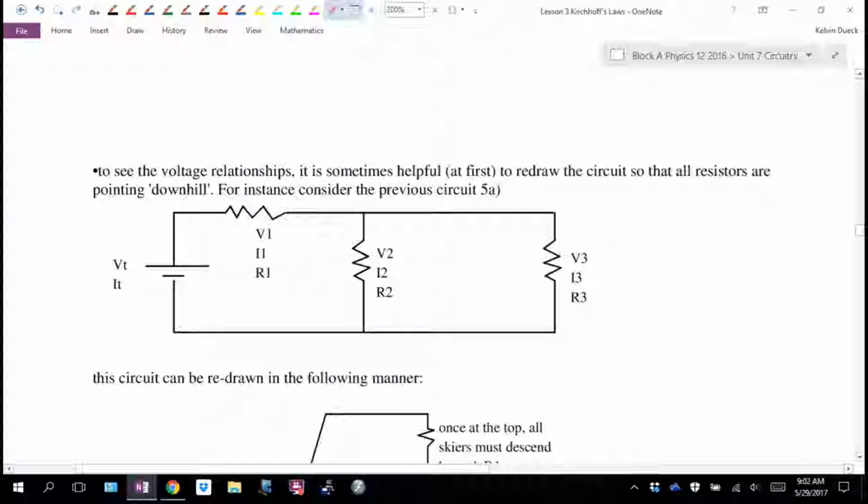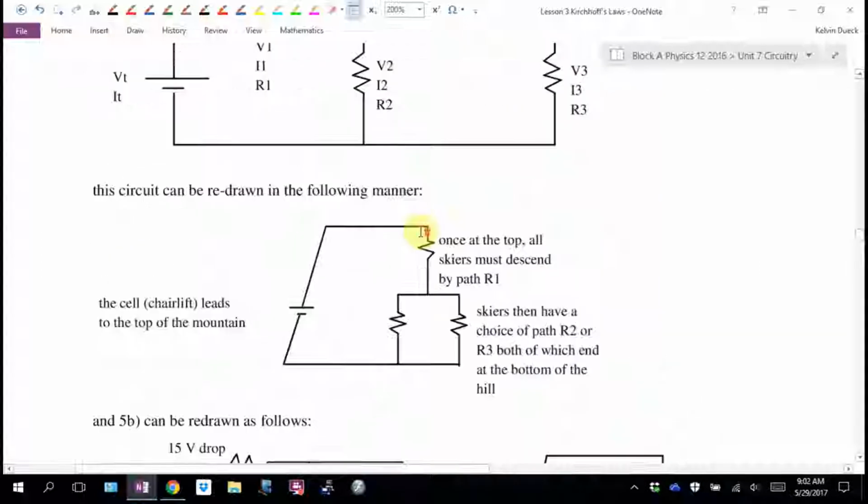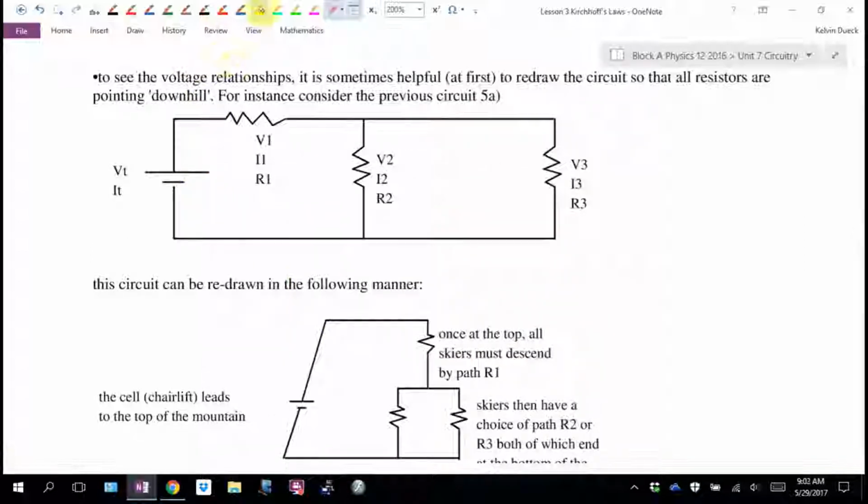My friend who typed these notes included this. He said, to see the voltage relationships, it's sometimes helpful at first to redraw the circuit so that all of the resistors are pointing downhill. For example, if you look at example 5A, which was this one here, you could redraw it like that. So here's the chairlift. Everybody goes through this hill.